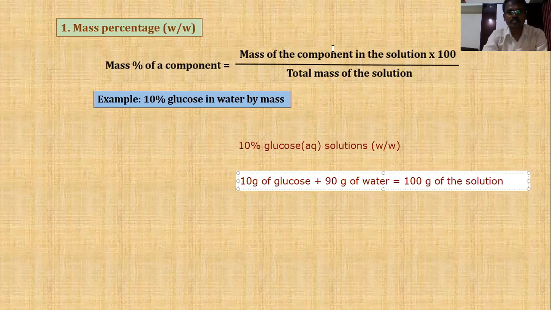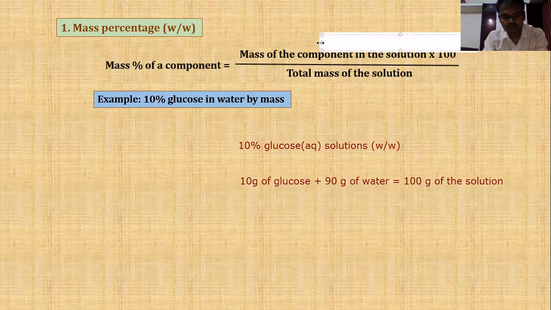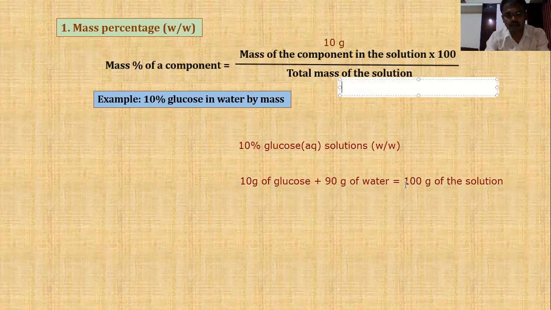So if you substitute in this formula, mass of glucose is 10 grams, into 100, divided by total mass of the solution, which is how much? 100 grams, correct? So 10 into 100 is 1000, divided by 100 is 10.